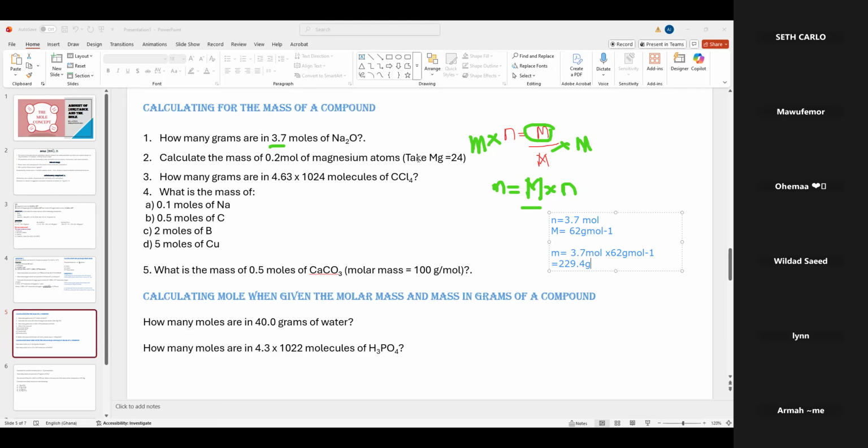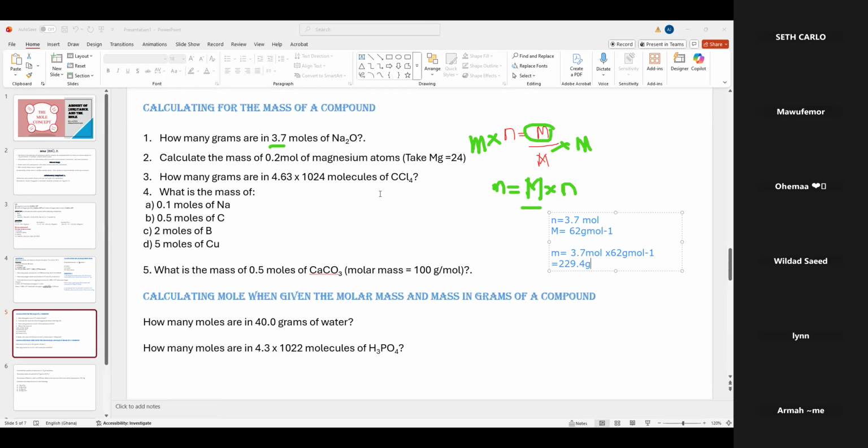How many grams are in 4.63 times 10 to the power 24 molecules of CCl4?